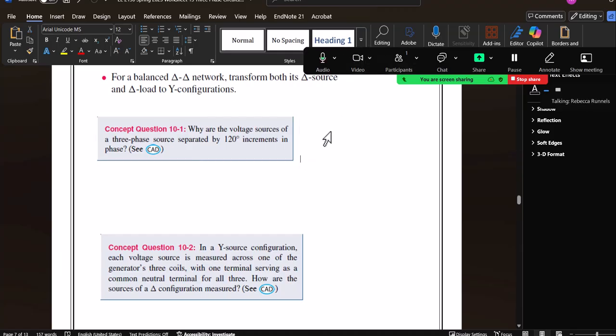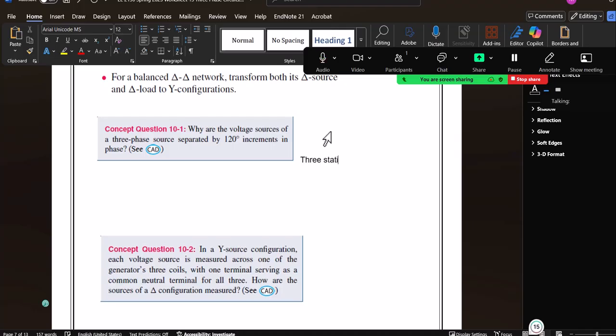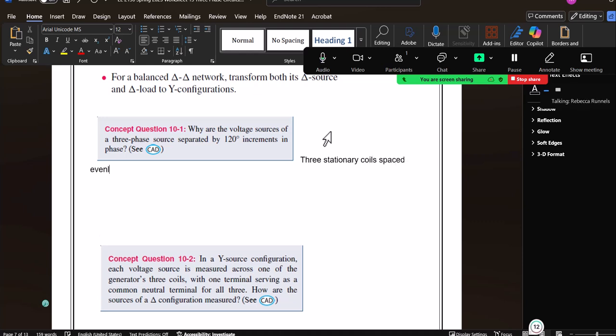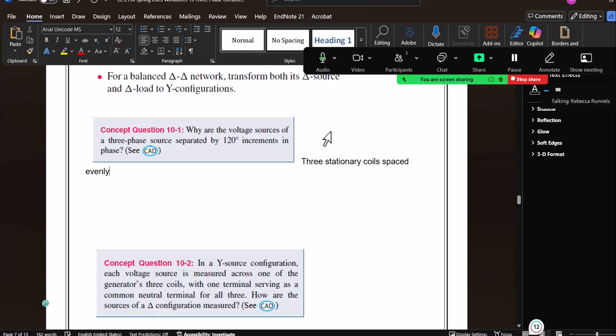So how do we actually do this? We have three stationary coils spaced evenly, so that would be 120 degrees around in a circle, and you spin a magnet around them. Actually, you spin a magnet inside them.